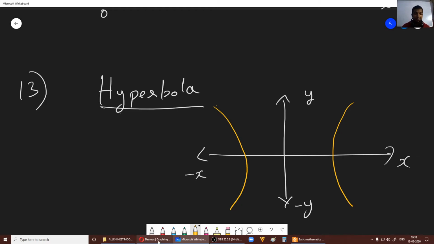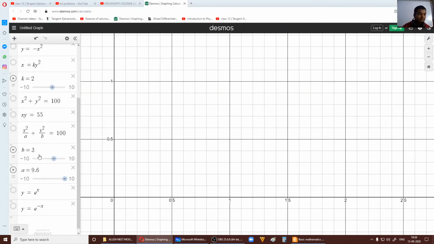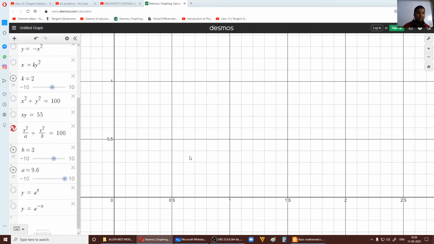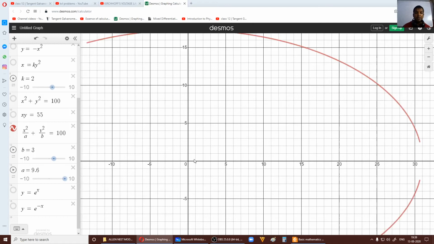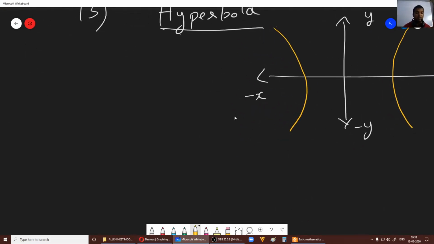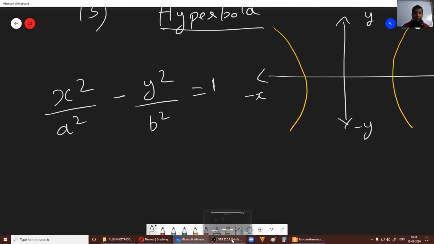Now I can show you in the same ellipse graph here. I have chosen b is equal to 3 and a is equal to 9, right? So this is the ellipse curve. Now if I make b negative, the form of the equation of the hyperbola will be like this: x square by a square, instead of plus, which is for the ellipse, if it is minus, it will be for this. x square by a square minus y square by b square is equal to 1.